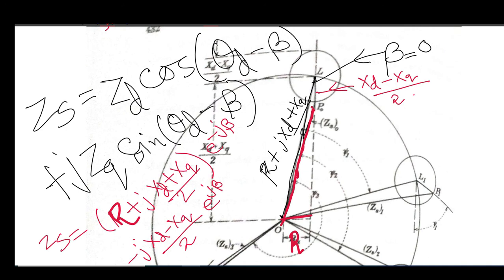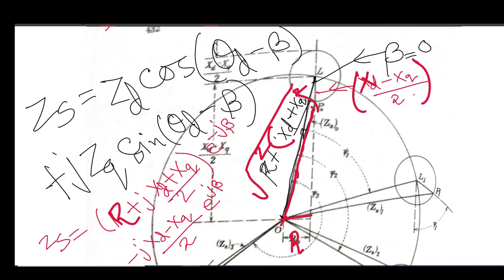Although I have written it this way, I should rather write it in magnitude form: root under R square plus (Xd plus Xq) whole square. This O to L length is this much. The second part has length Xd minus Xq.